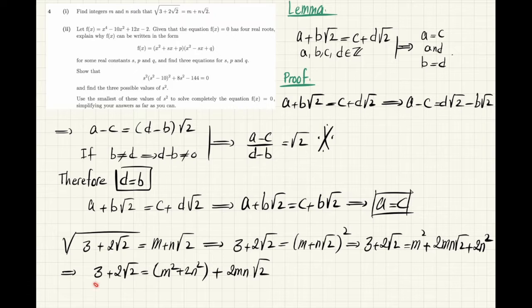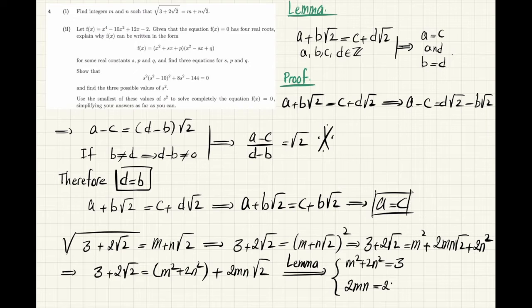So the lemma implies that I have a system of equations: m squared plus 2n squared should be equal to 3, and 2mn should be equal to 2.